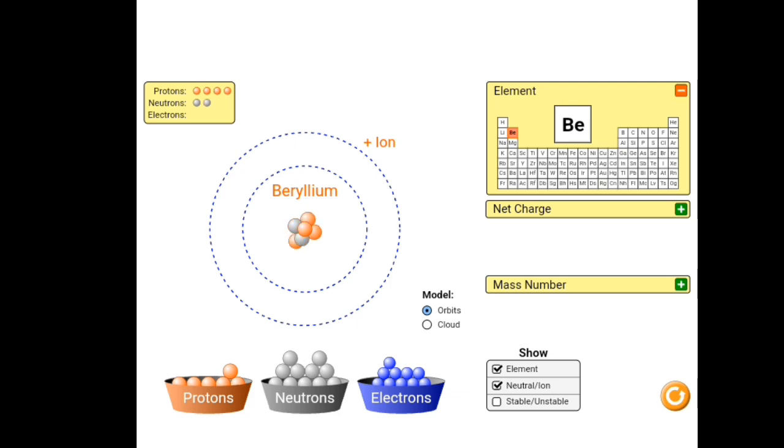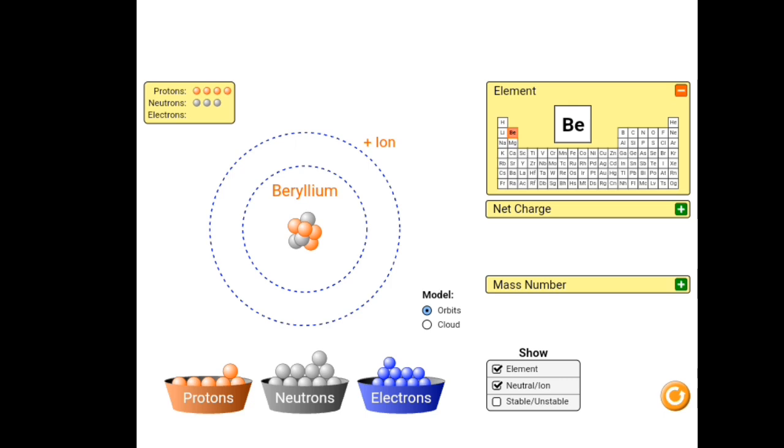Now there's something to take note of. Although the number of protons is 4, it states the element, that's beryllium. But with 2 neutrons, the element states the same, beryllium. So that suggests to us that the number of protons is what determines the element. Let's increase the number of neutrons.